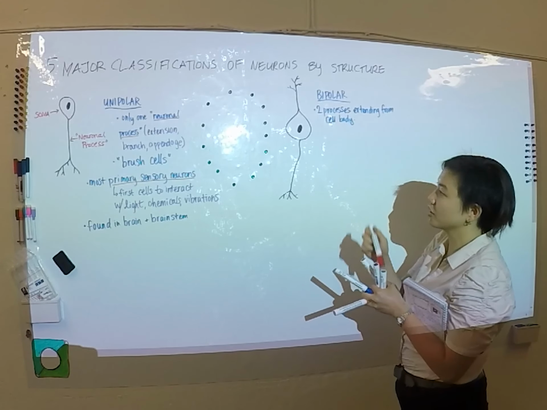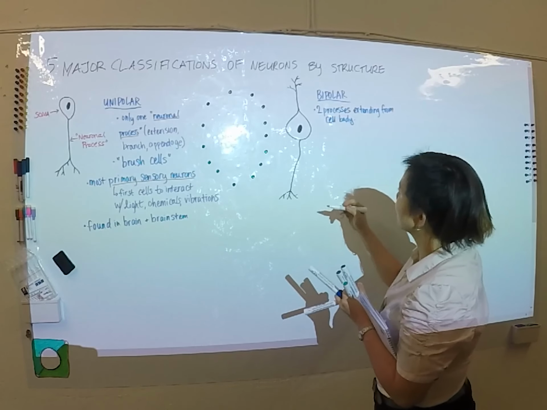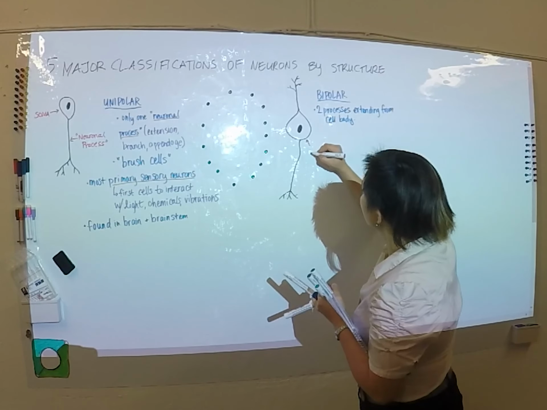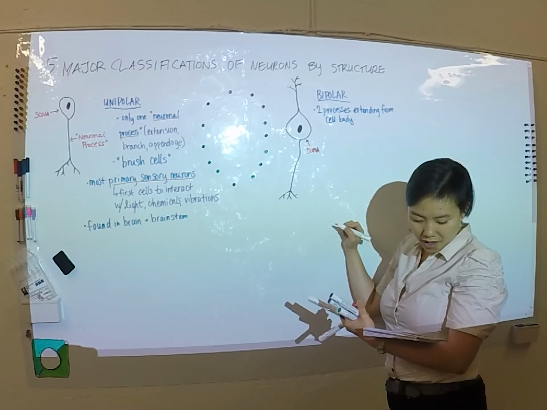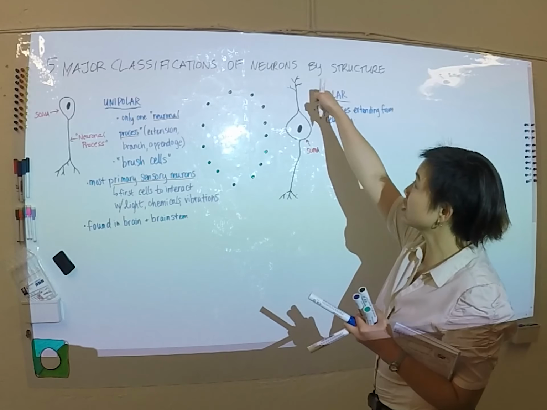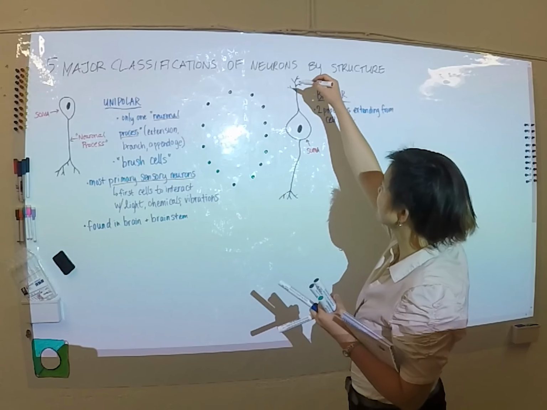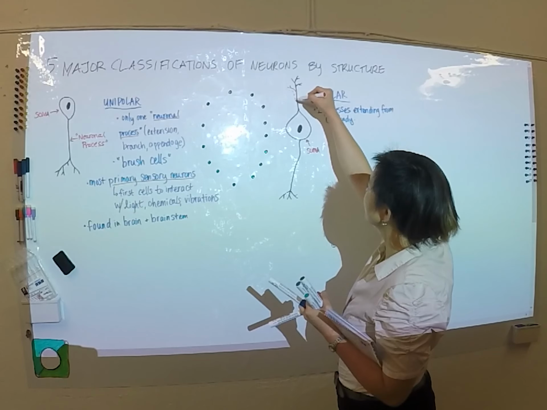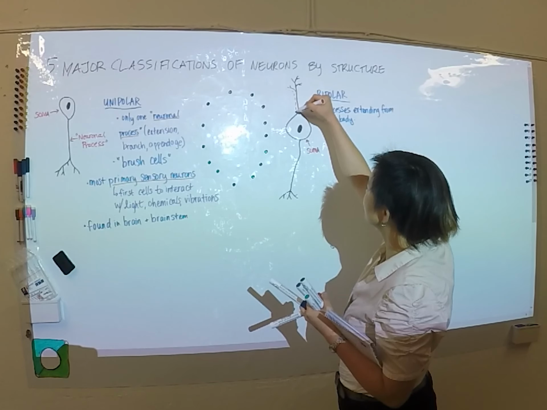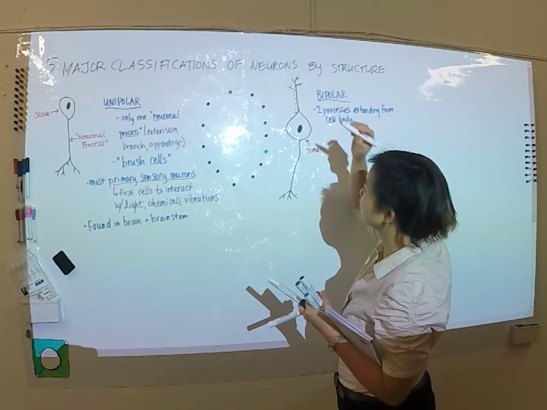Okay, so let's label this just like our other one. So here we have our soma, okay? And then we have our first process, which usually is carrying electrical signal towards the soma.